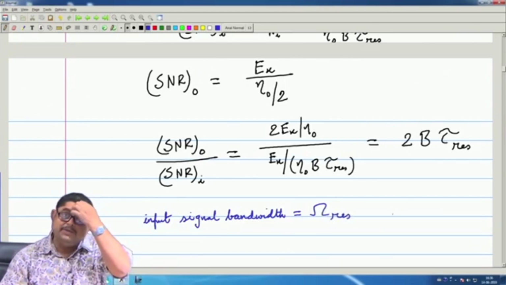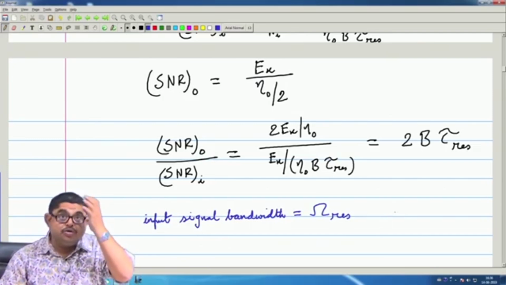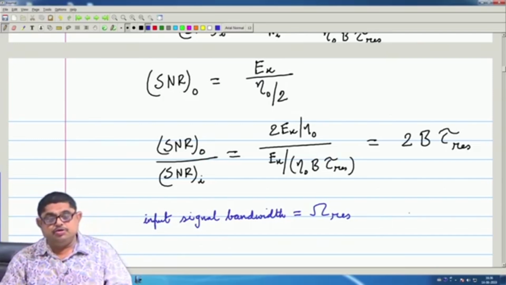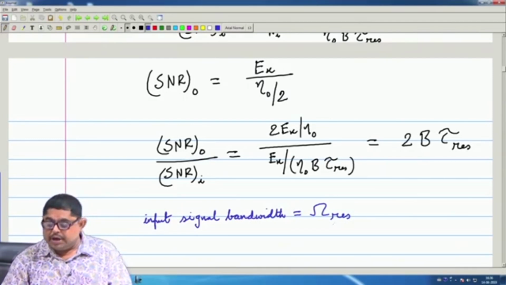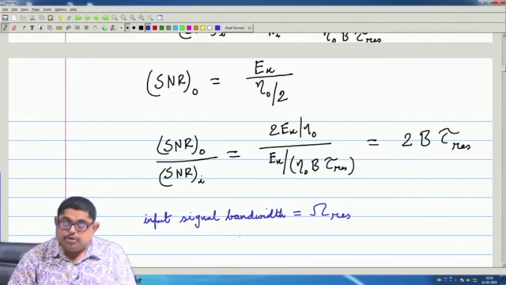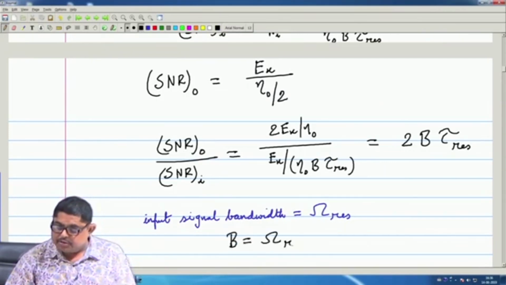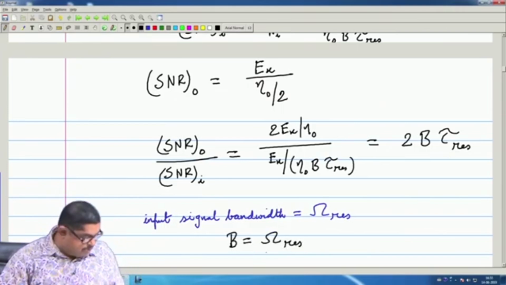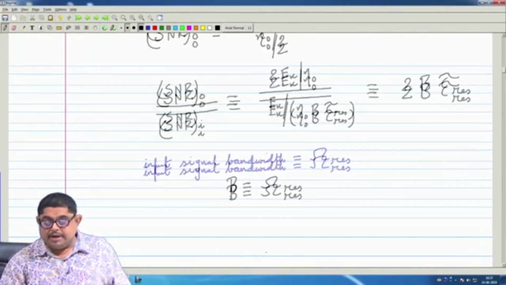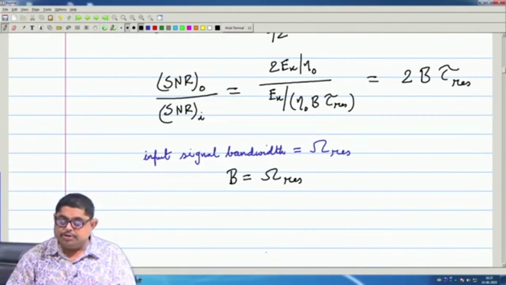Then the matched filter bandwidth, to avoid distortion, should be greater than that or at least equal to that. So, this dictates that B we can take as omega resolution. This is the minimum bandwidth, we will definitely use that because otherwise more noise will come.